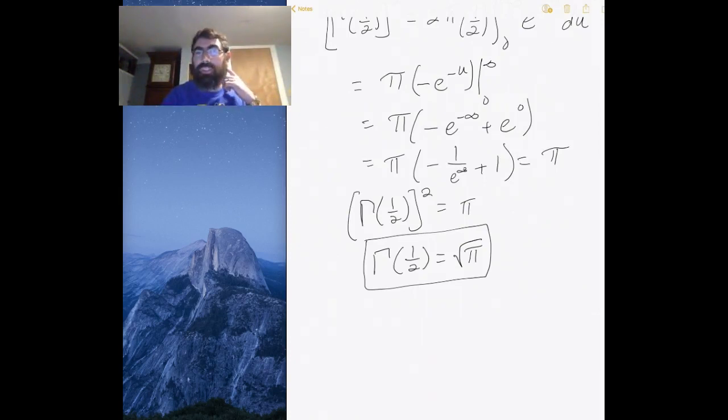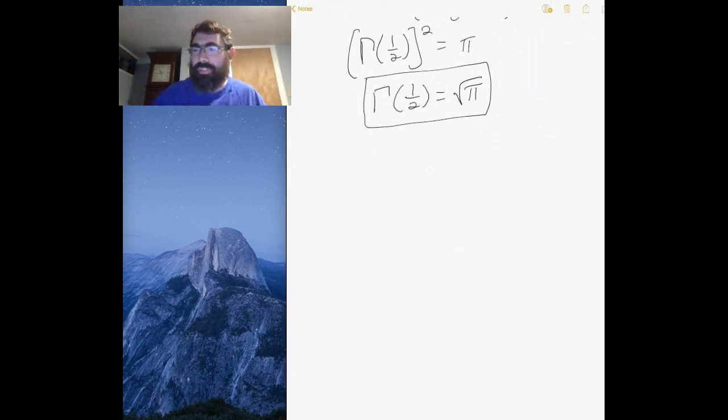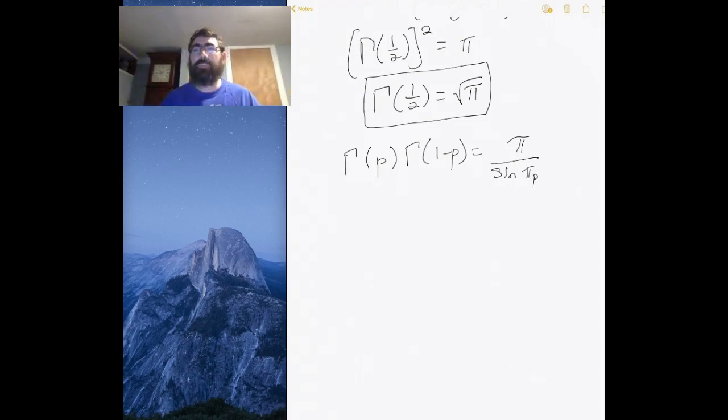Now, there's another important formula which I'm not going to necessarily derive, but what it says is gamma of p times gamma of 1 minus p is equal to pi over the sine of pi times p.